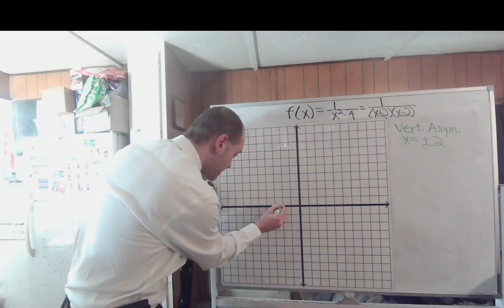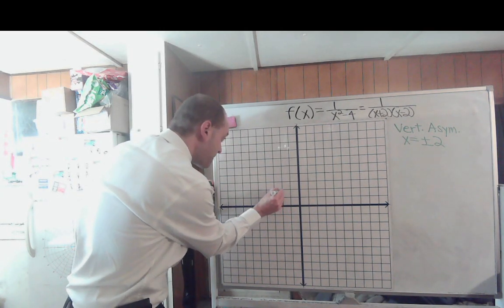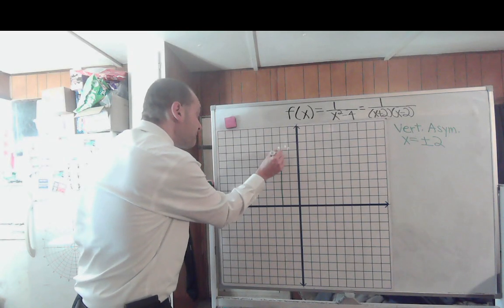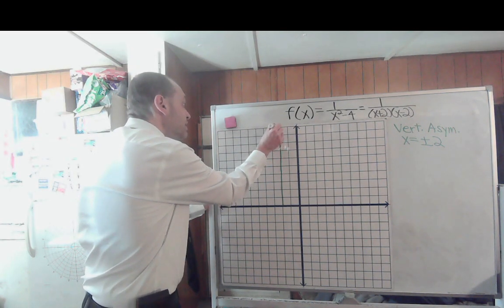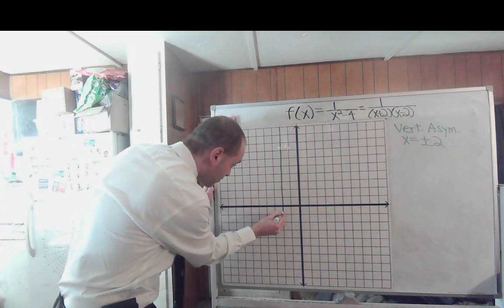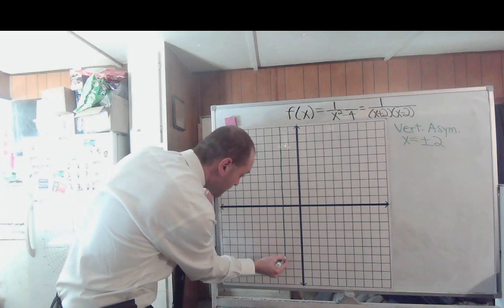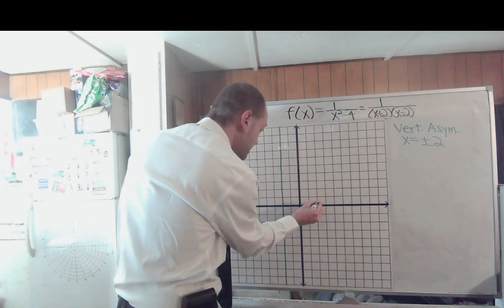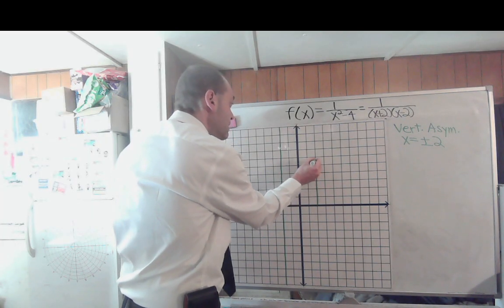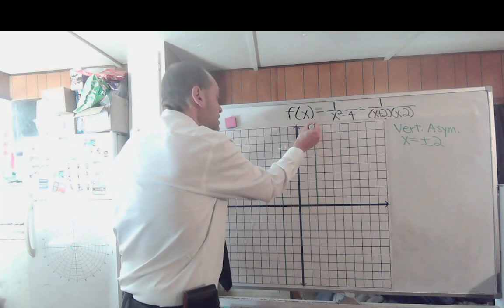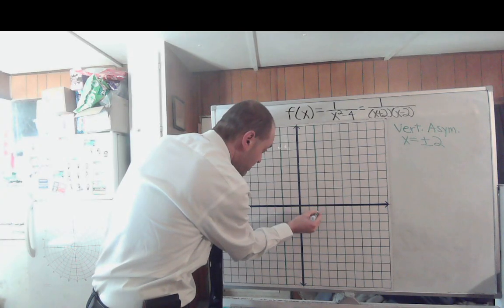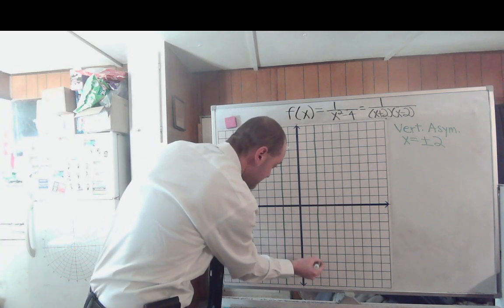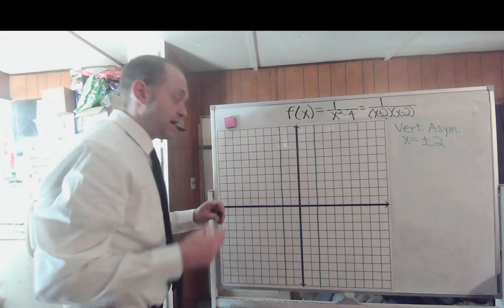So let's draw those out. Again, sorry about the nails on the chalkboard sound. And then let's go to +2. That's your next vertical asymptote. So yes, it is possible that you have more than one vertical asymptote. You will sometimes have that.